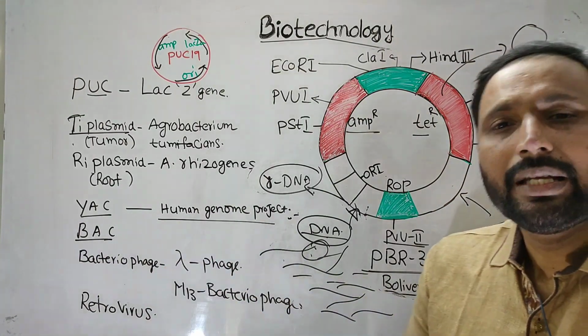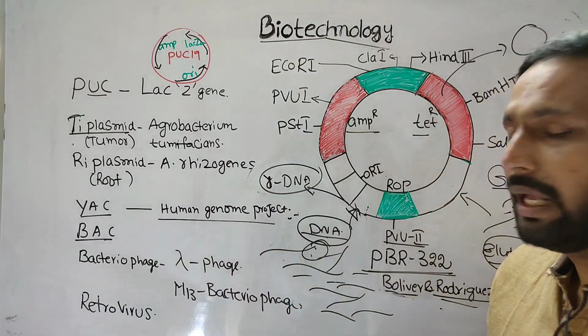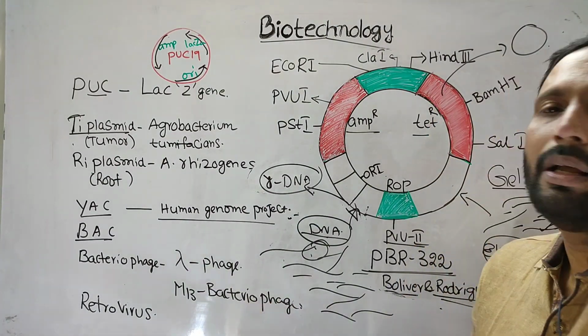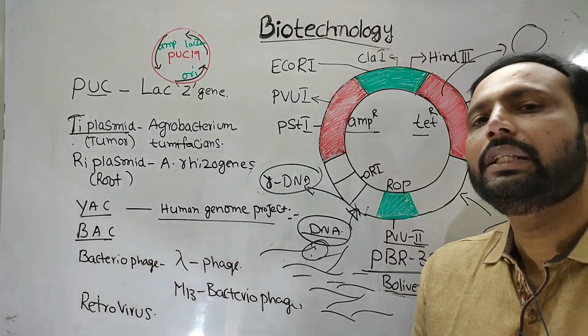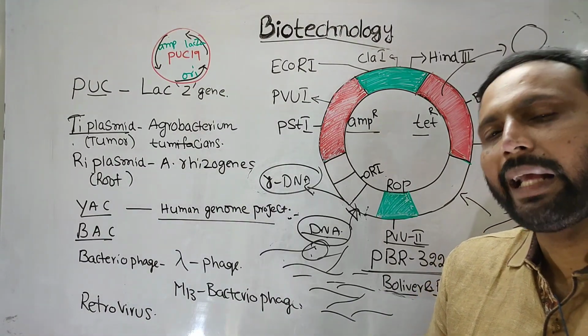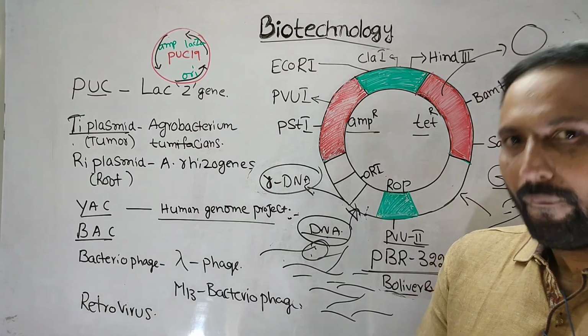Even some bacteriophages are used as vectors, such as lambda phage and M13 bacteriophage, and also retroviruses. Retroviruses generally induce cancer in animal cells, but they are also used as vectors.